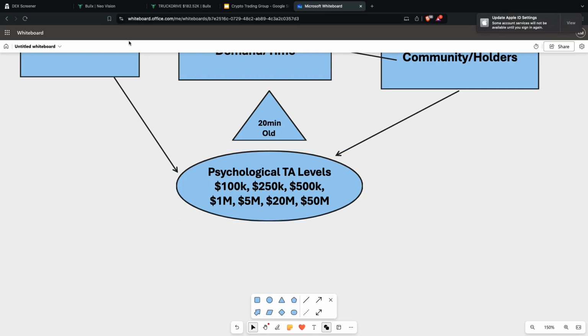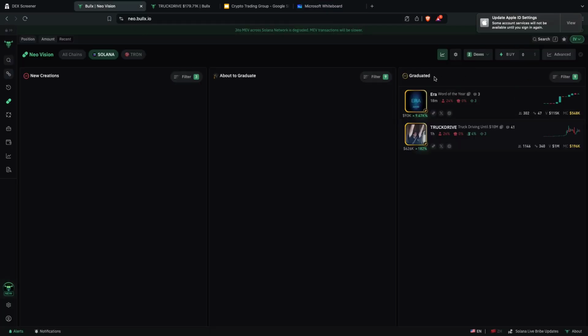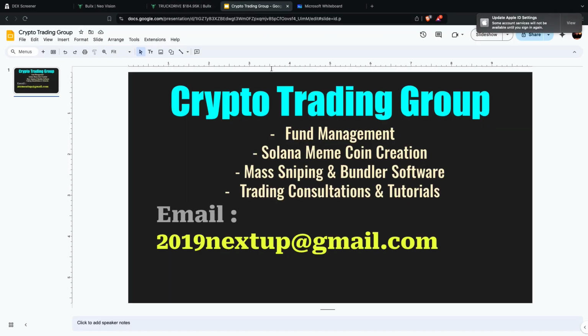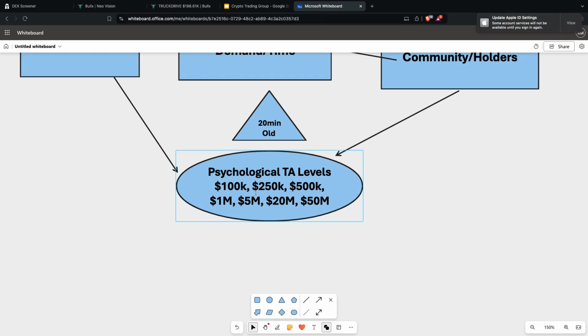If a coin graduates from the filters that you already copied from me, right? If it does well and it graduates, people are going to be looking forward to seeing how the price is going to graduate. So let's say, for example, the price graduates and it goes to 100k.